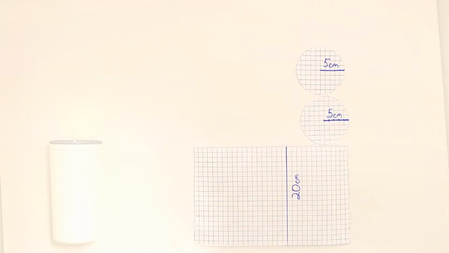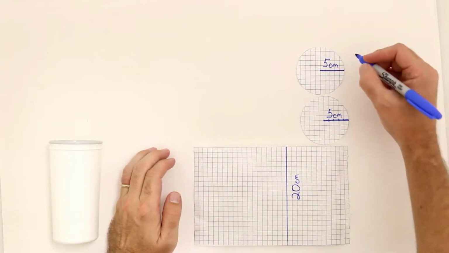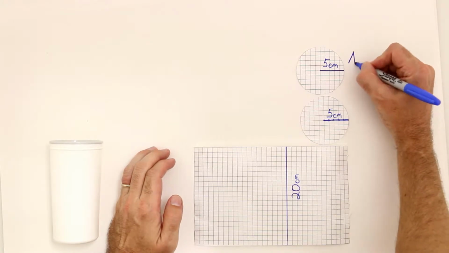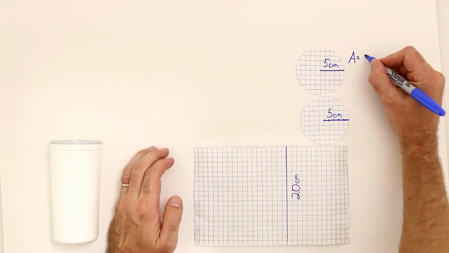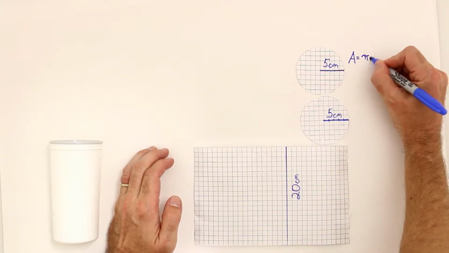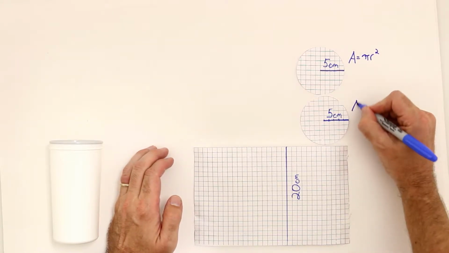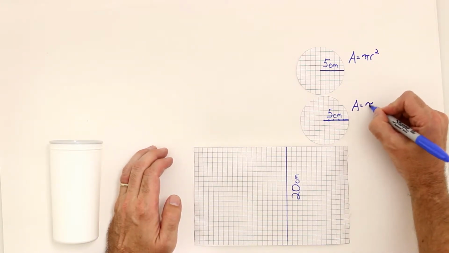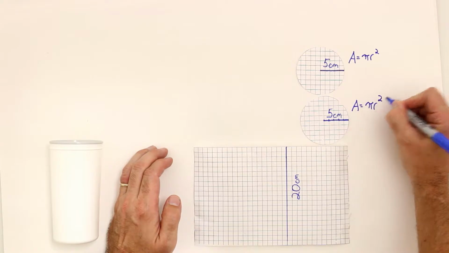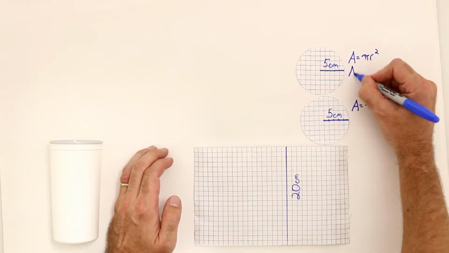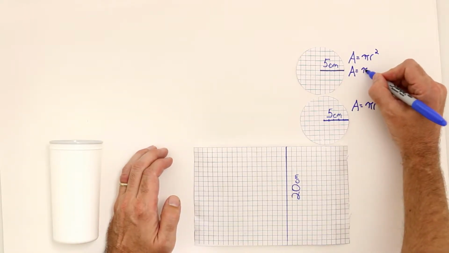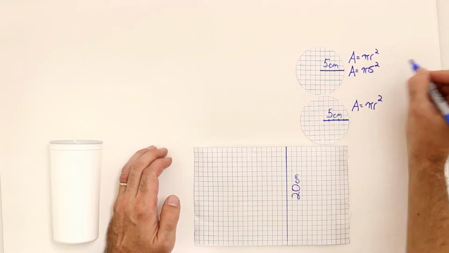Now, every one of our circles is going to have an area of pi times the radius squared. A equals pi r squared. And we just plug in our radius for both of those. It's going to be 5 centimeters. So our area is going to be pi, 3.14, times 5 squared.